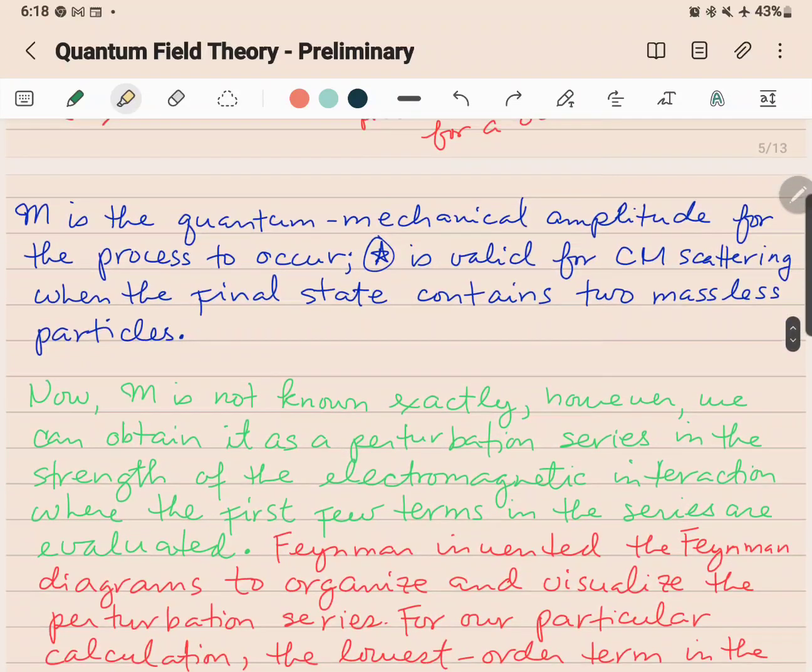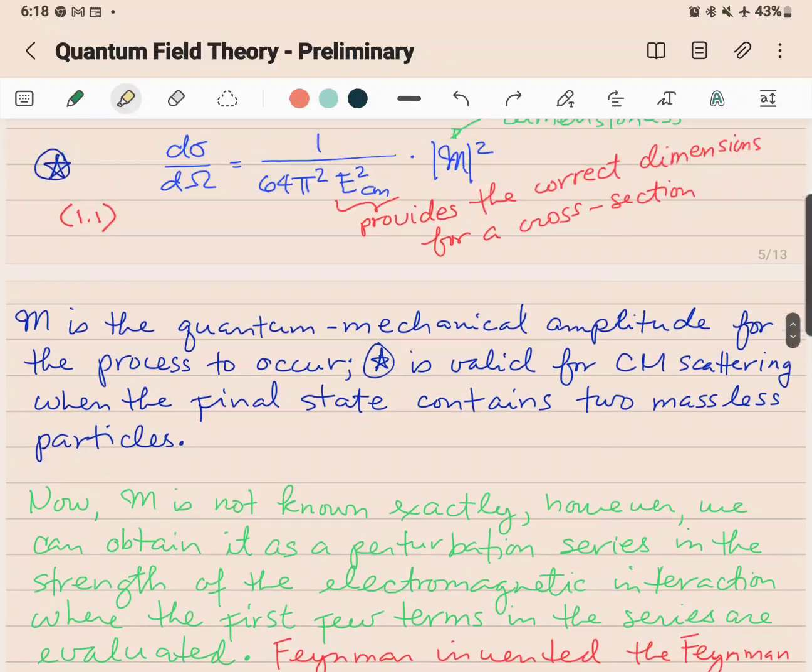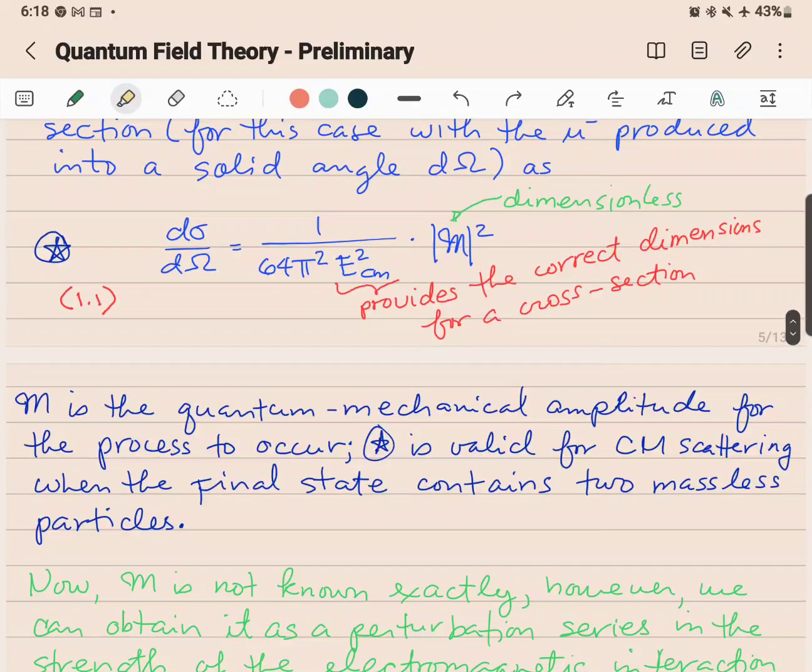Again, M is the quantum mechanical amplitude for the process to occur, and this formula is only valid for center of mass scattering when the final state contains two massless particles. But then again, our products are quite massive compared to the colliding particles.